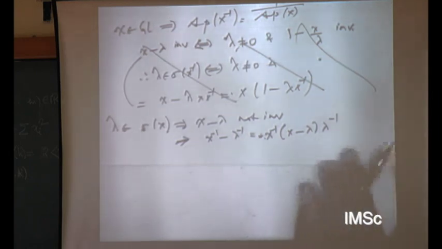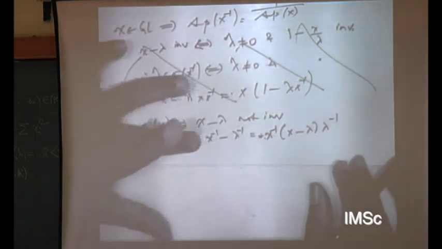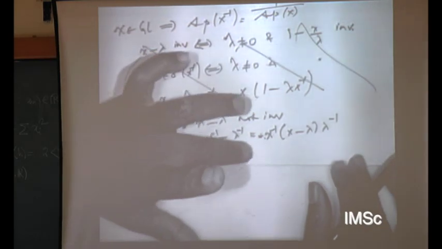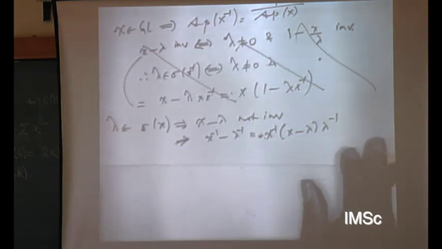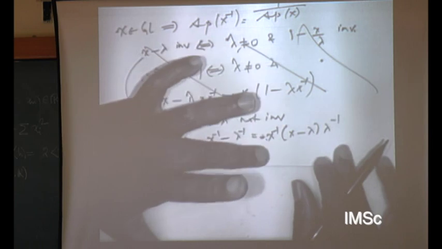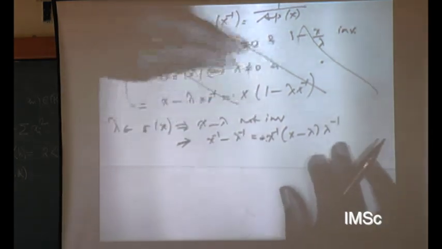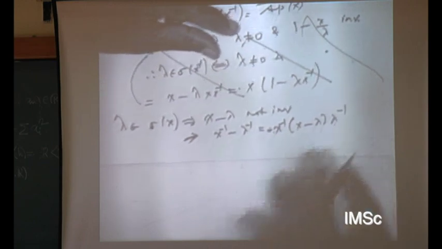And all these fellows commute. Everything commutes, so if they are not invertible, then it just means one of these should be not invertible. But x inverse and lambda inverse are invertible. No, x minus lambda is not invertible. So x inverse minus lambda inverse is also not invertible.